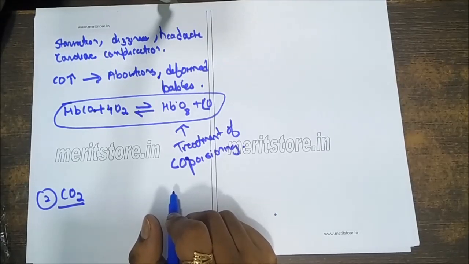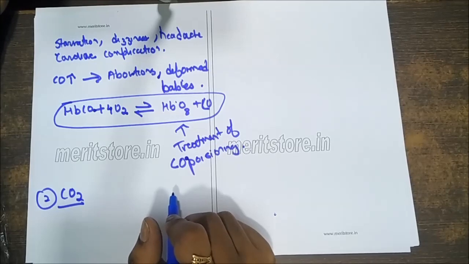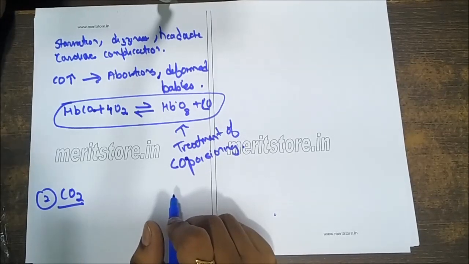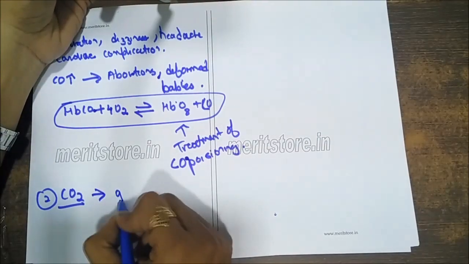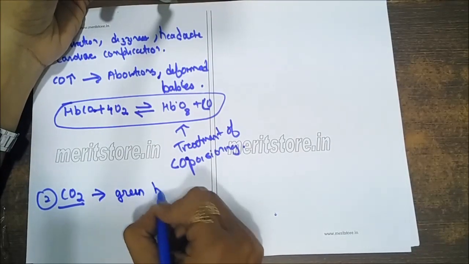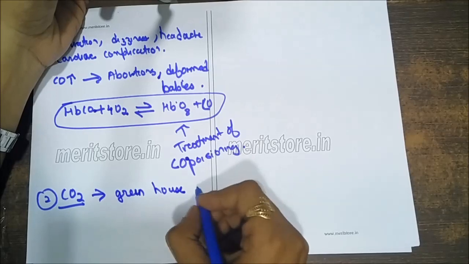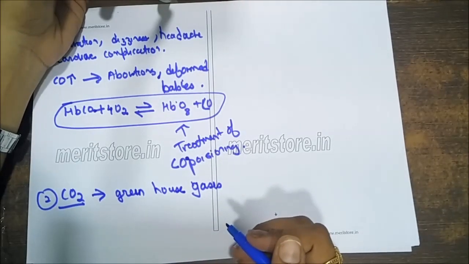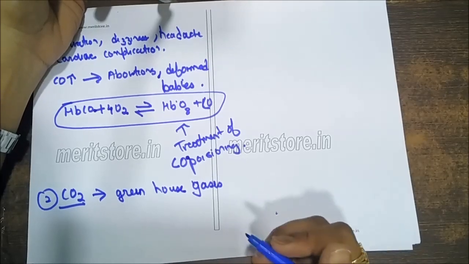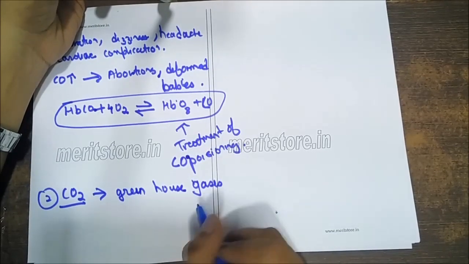However, if exposed to an excess amount, the most dangerous effect it contributes to is global warming. Hence, carbon dioxide is classified as a greenhouse gas. We're going to study this phenomenon in detail later. Basically, these are gases which cause an increase in the temperature of Earth. Hence, they are called greenhouse gases.